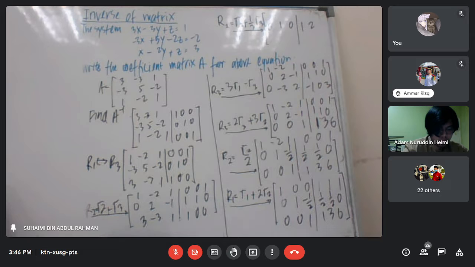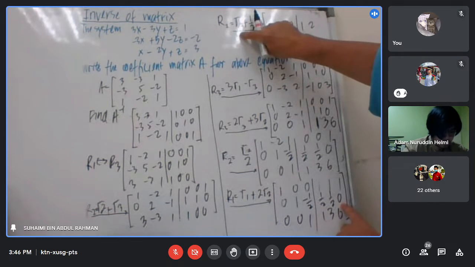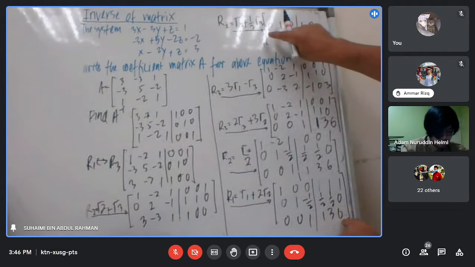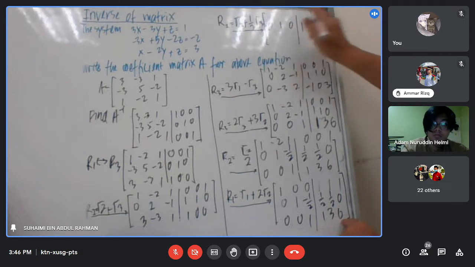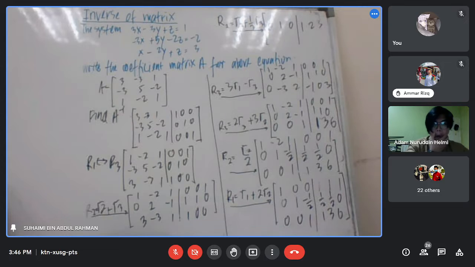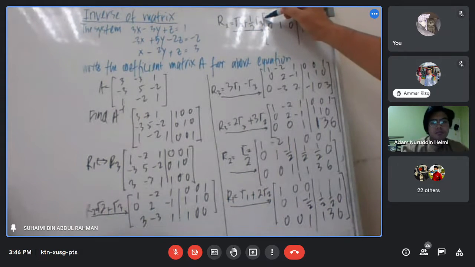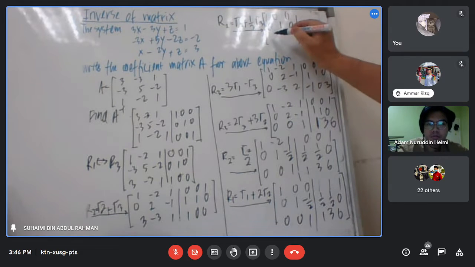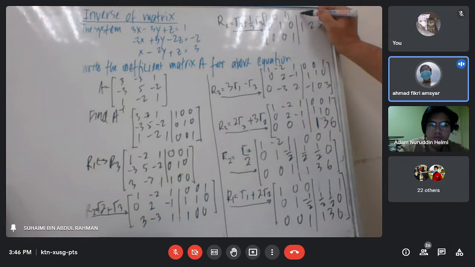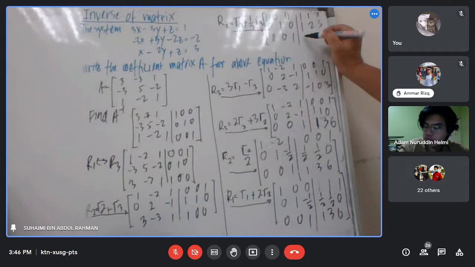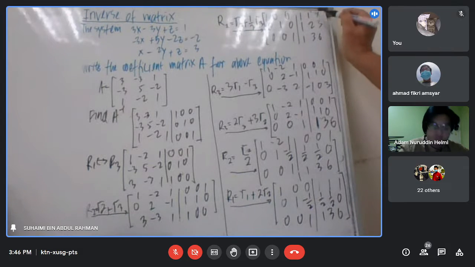Yes. Right. You get it? So row 2: 0 plus 1 over 2 times 3, which is 6. 0 plus 3, 3. So the rest is 1, 0, 0, 0, 0, 1, 1, 1, 1, 1, 3, 6.